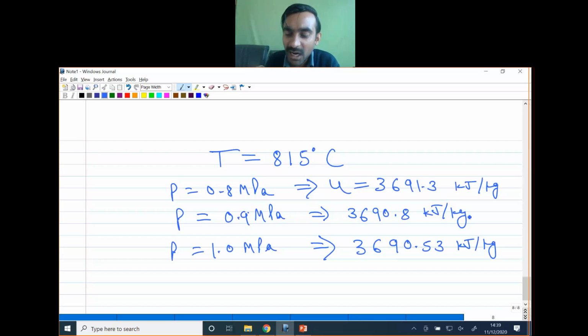So this is a slightly complicated case where we have to do interpolation 2 times. If you are able to determine properties for this particular situation, you will easily be able to determine the value of properties for the superheated state.